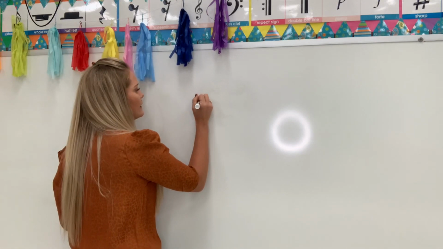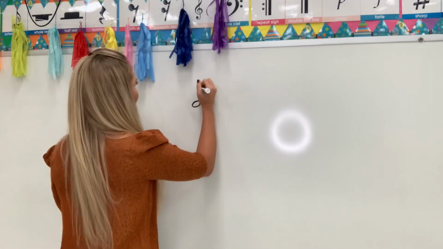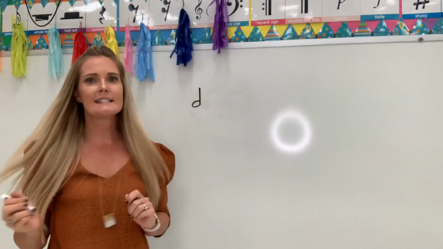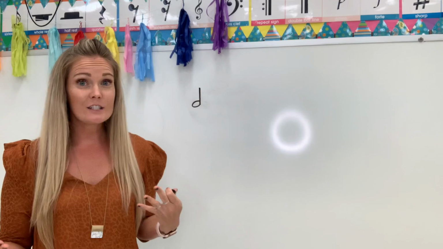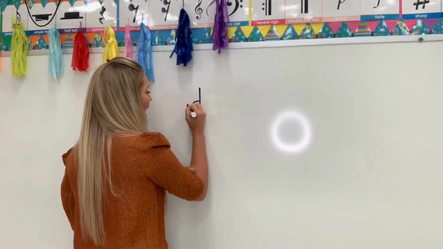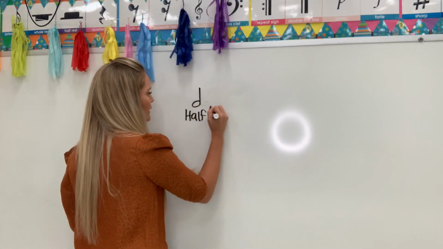So the next note we're going to learn is going to be smaller than the whole note because remember, the whole note is the longest note in music. And this one is gonna look a little different than the whole note. So I'm gonna start by drawing an oval kind of close to what the whole note looked like, but now I am adding a stick to it. We can call that a stem as well. This note is called the half note.